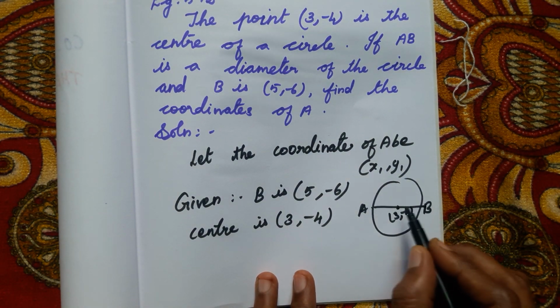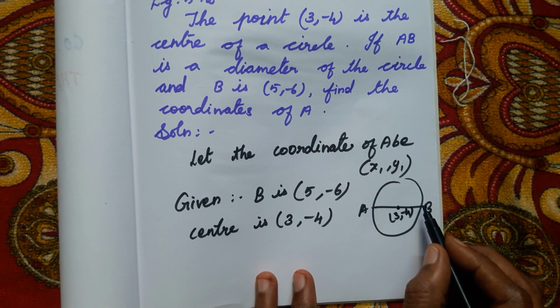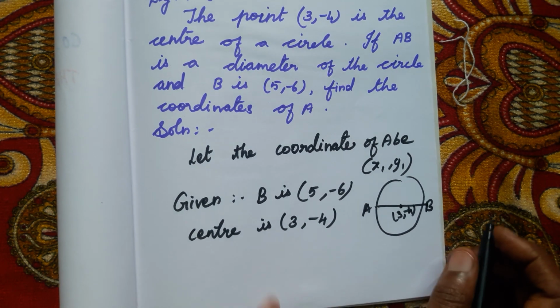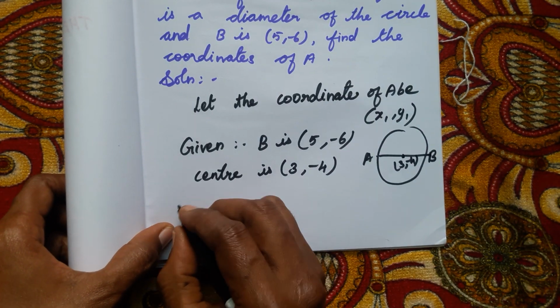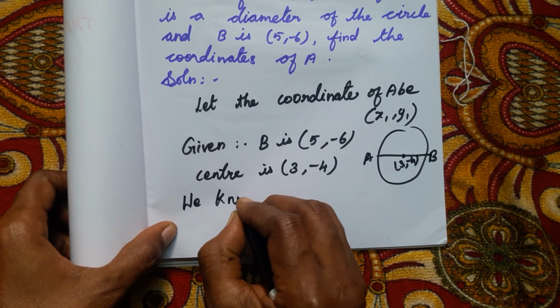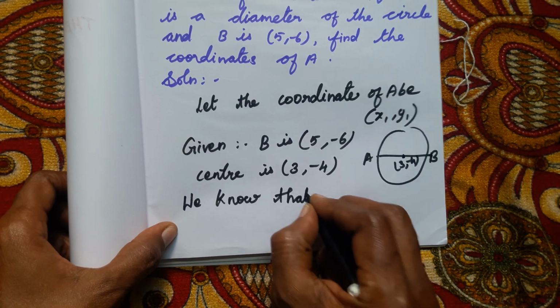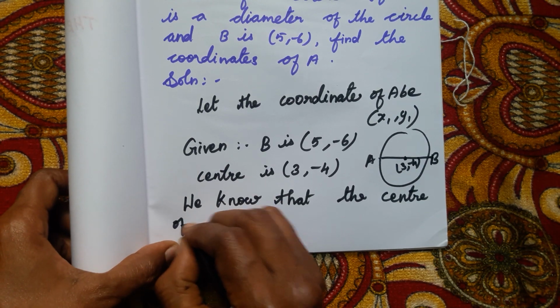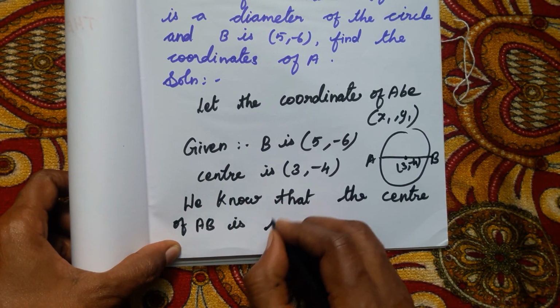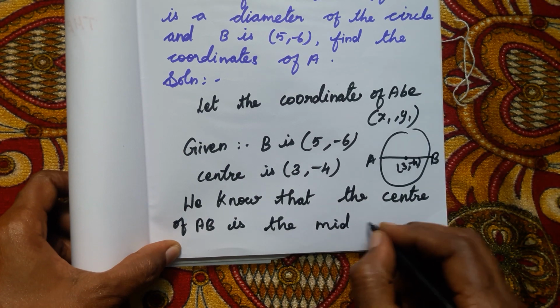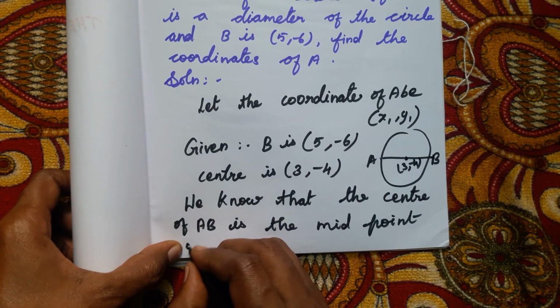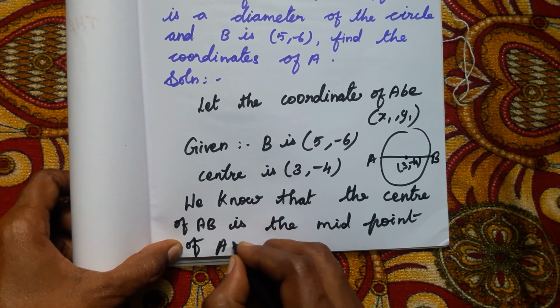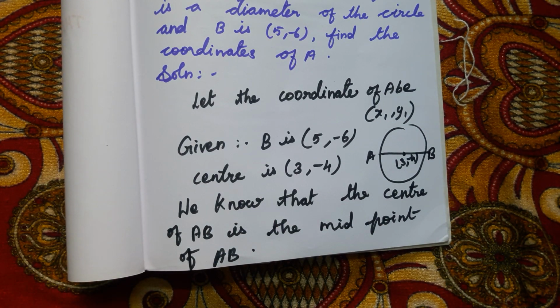AB is the diameter, and the center is the midpoint of AB.